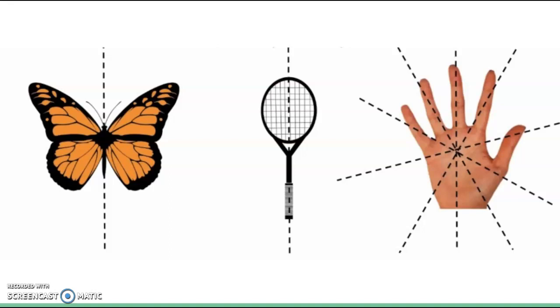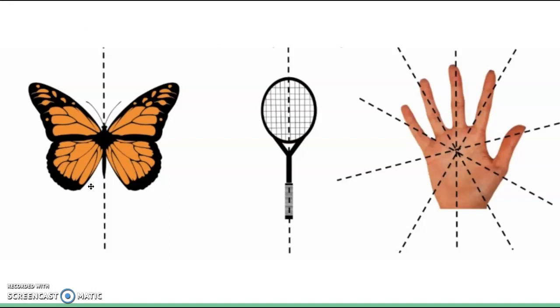And in order to talk about polarity, I have a couple of images on my screen. I have a butterfly, a tennis racket, or a badminton racket, and a hand. You see that there are dotted lines drawn down each of them. If you've ever taken an art class, you know that these dotted lines symbolize lines of symmetry, because if I folded my butterfly across the dotted line, it's going to be symmetrical.